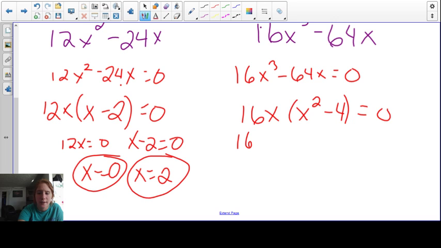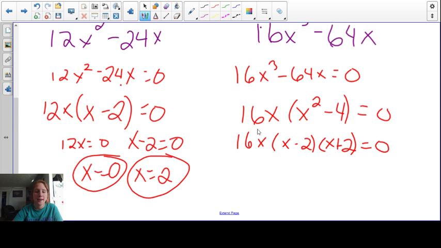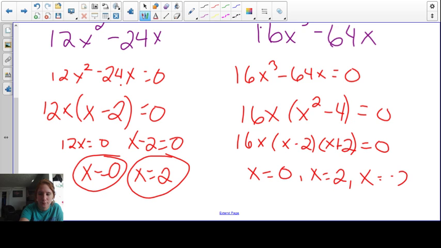So I have 16x times x minus 2 times x plus 2. Just like the last one, I can set each part equal to 0. So in this case, we have 3 critical points: 0, 2, and negative 2.